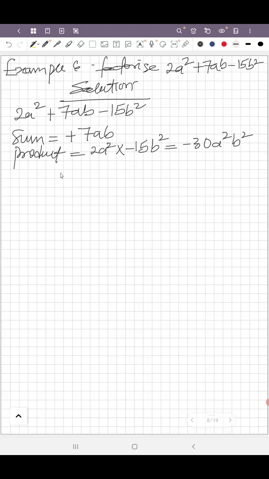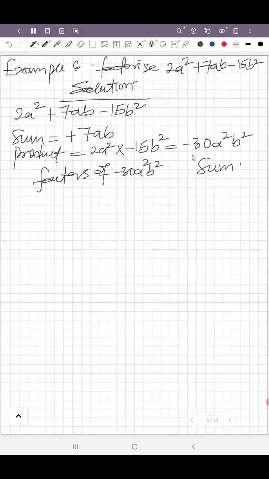Now, you find factors of minus 30a squared b squared, and we also find the sum. Now we don't need to go much further about this. I teach you how to analyze, not to waste most of our time, but to get this logic. Now, what are the two numbers that add to give us 7 and multiply to give us minus 30?